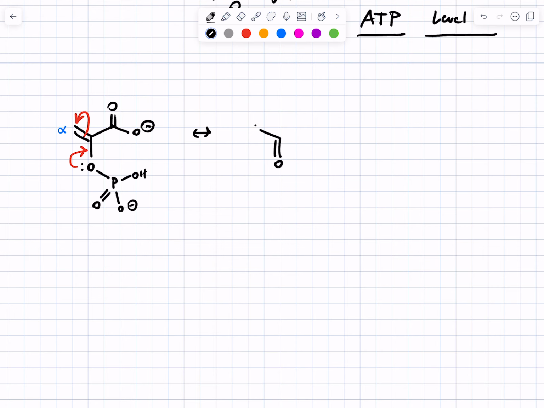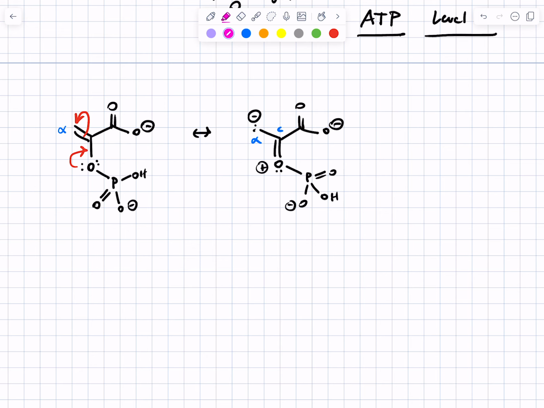Let's just show that one with a negative formal charge on it. The oxygen from the phosphorus should have a positive formal charge on it. And then we'll draw the rest of the phosphate group and the rest of the carboxylate. Now, I understand that that looks ick to a lot of you because of all the charges.